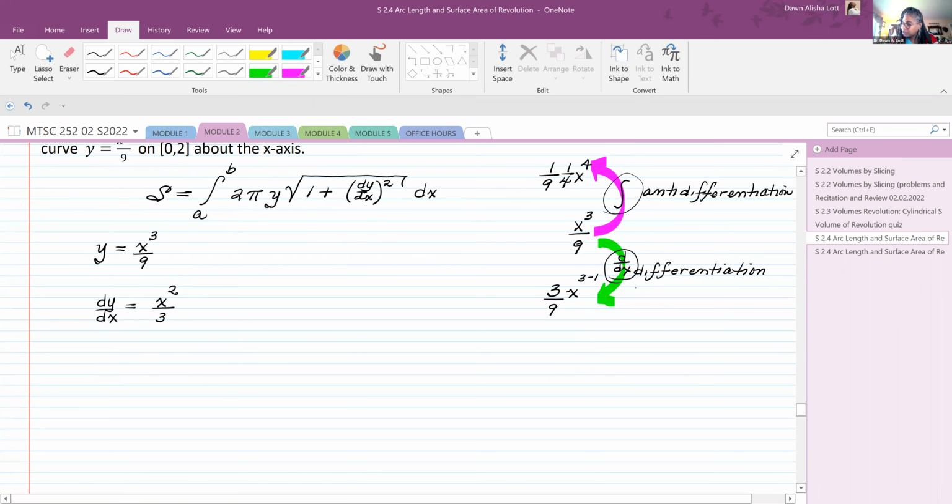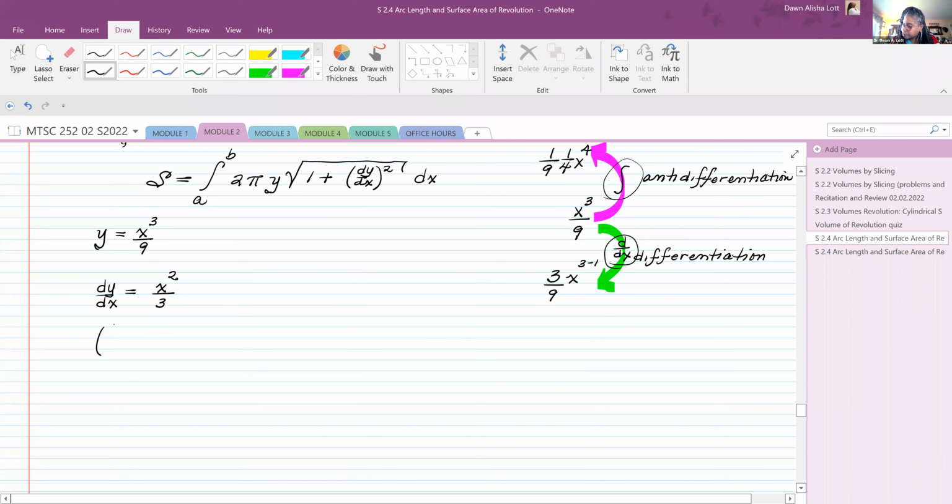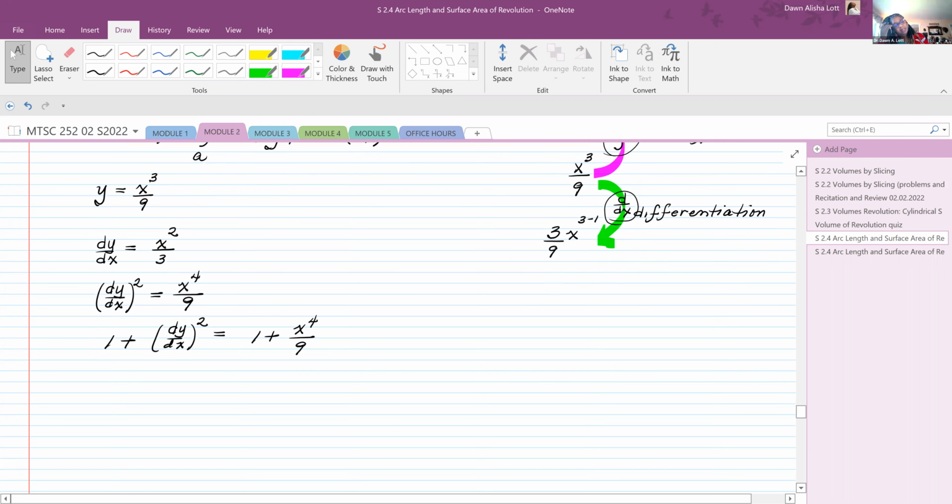Now you gotta square it. So it's going to be x to the 4th over 9. Awesome. Now you're gonna add 1 to it. Can you simplify that any further?